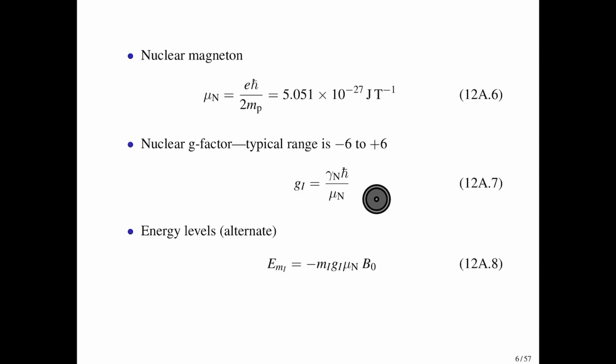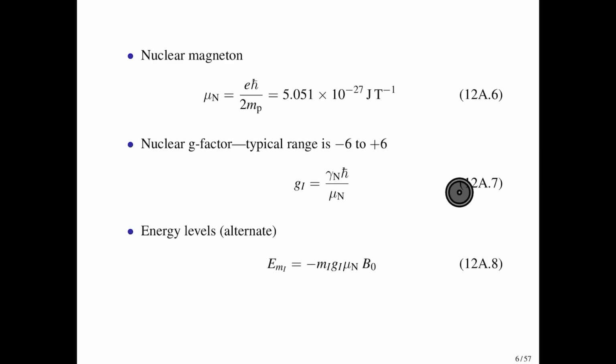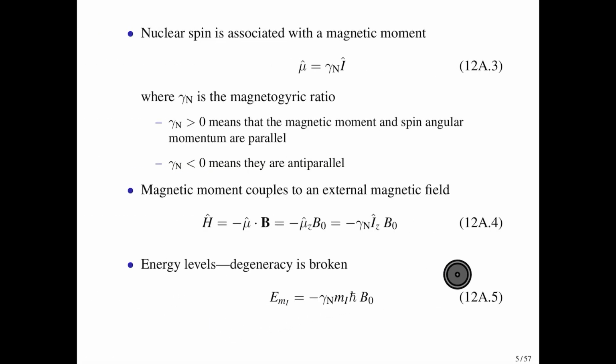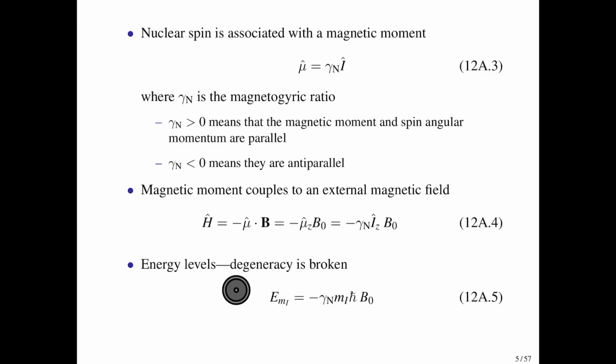If you start substituting these things into this equation and rearranging, you can come up with this alternate expression for the energy levels. You might have to use that formula, or you might have to use this formula, depending upon the problem that you encounter in the homework. I just wanted to point out that the difference between this equation and that equation is the constants that you're using, but they are equivalent to one another.